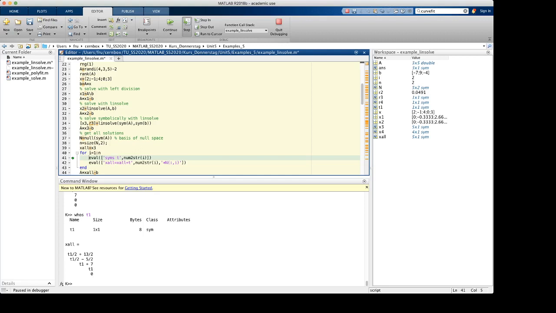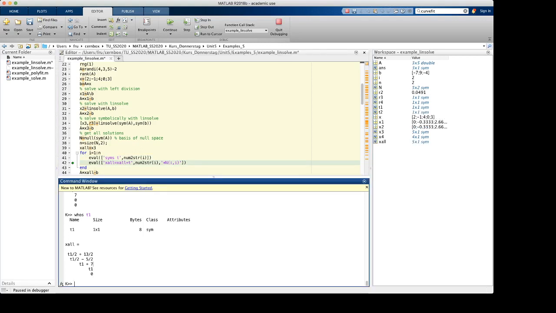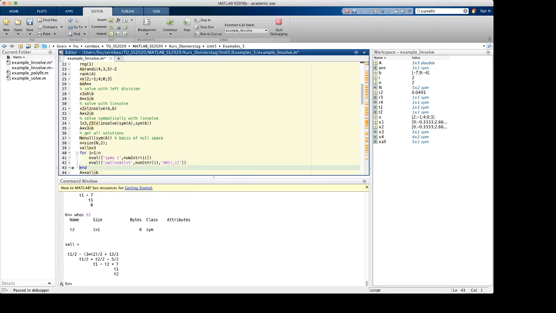We generate a symbolic variable t2, and we add to the previous vector x all t2 times the second column of the null space. So x all now has this form.